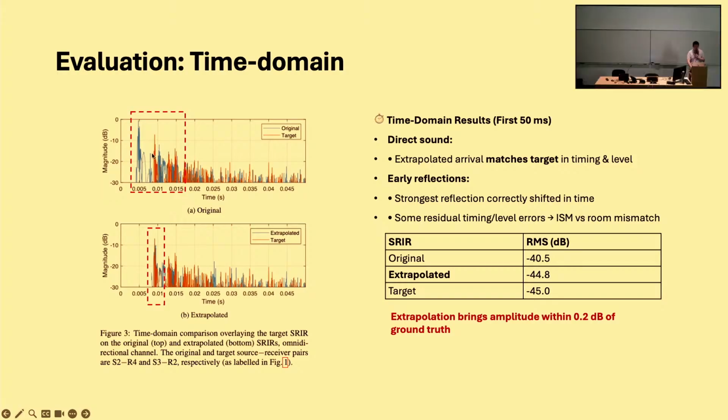If we check the result in the time domain, we can see the main peaks match perfectly, exactly at the direct time, like in the red box. It's much better than we thought at the beginning.